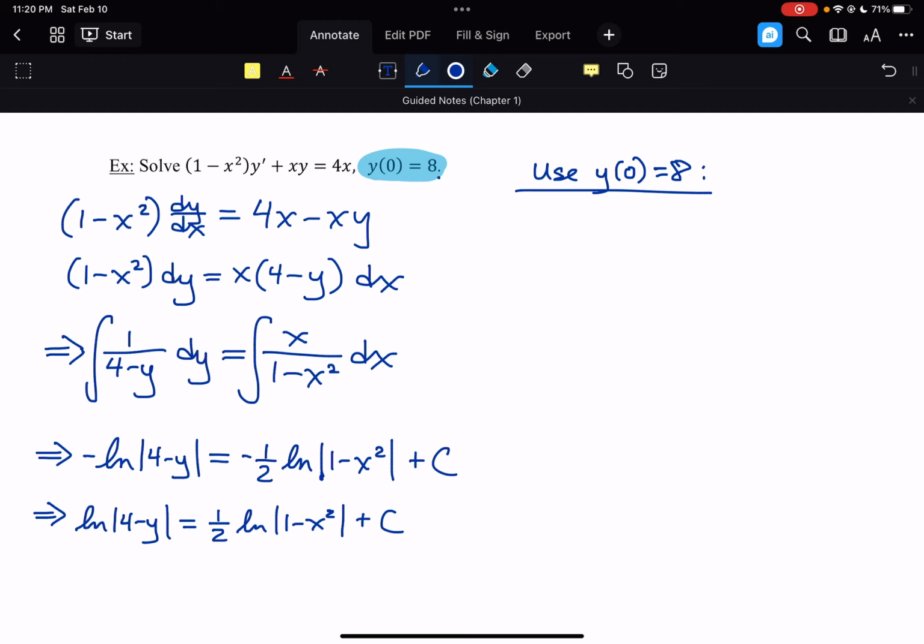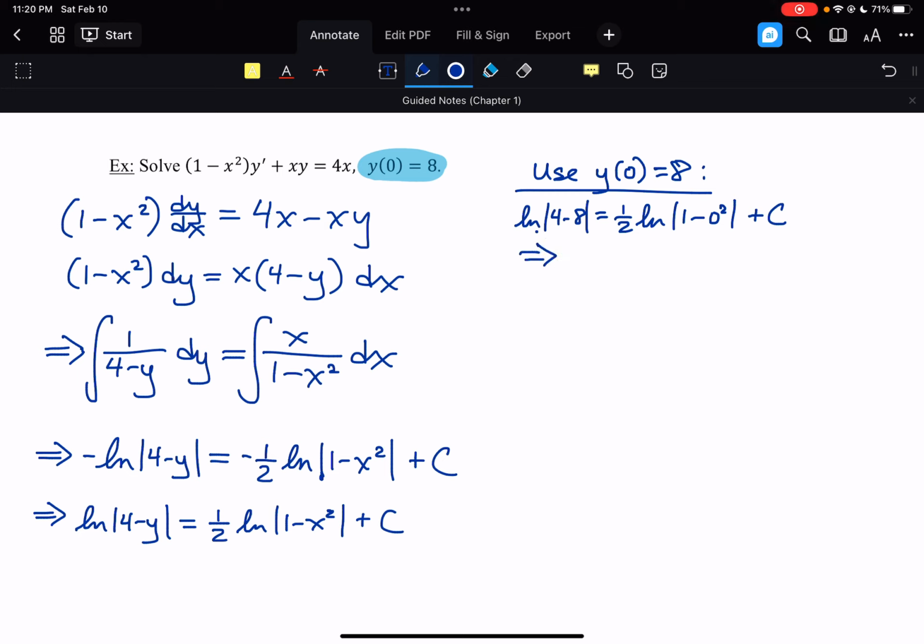So if we substitute in the appropriate values, x is 0, y is 8, we get ln of absolute value of 4 minus 8 equals 1/2 ln absolute value of 1 minus 0 squared plus c.